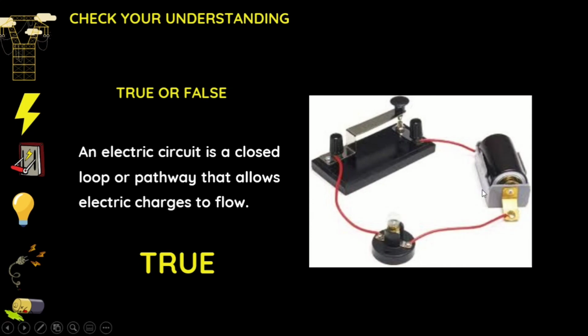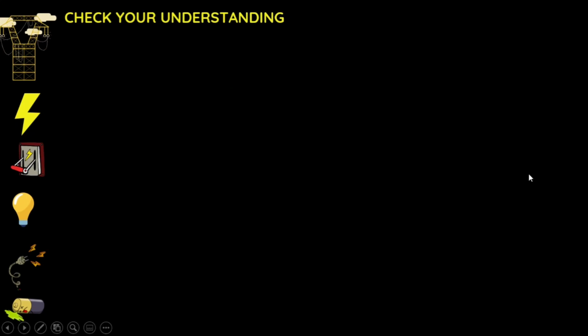So as you can see, it is a closed loop that allows the electric charges to flow. So we have the voltage source or the power source, you have the load, and you have the connecting wires. In some electric circuits, you have an additional element, and that is the switch.